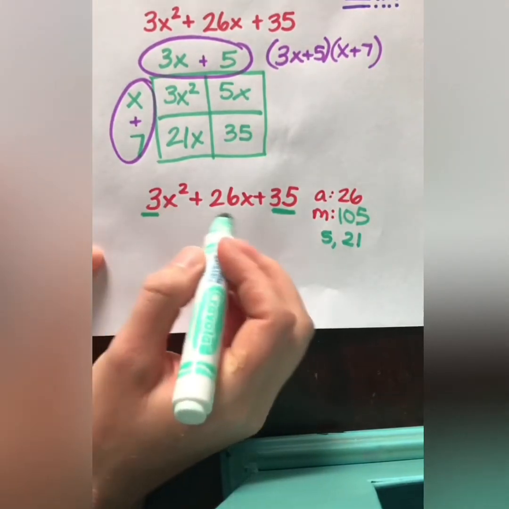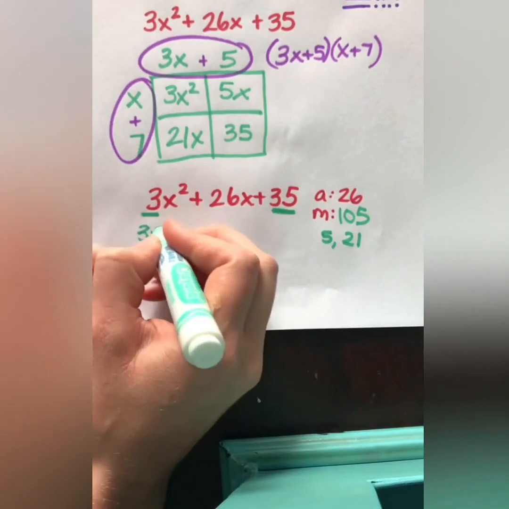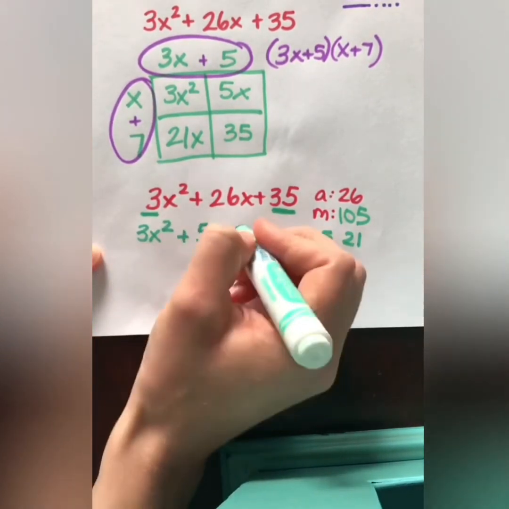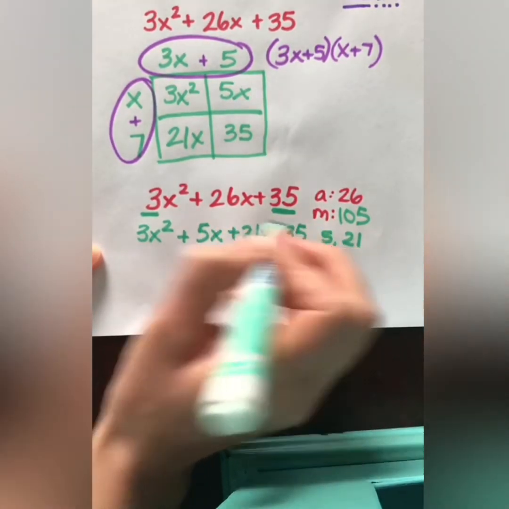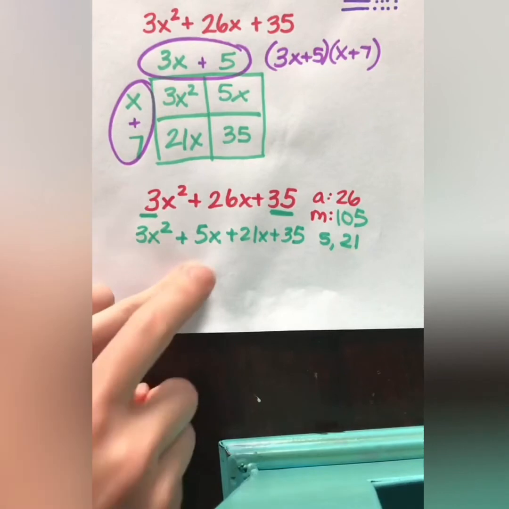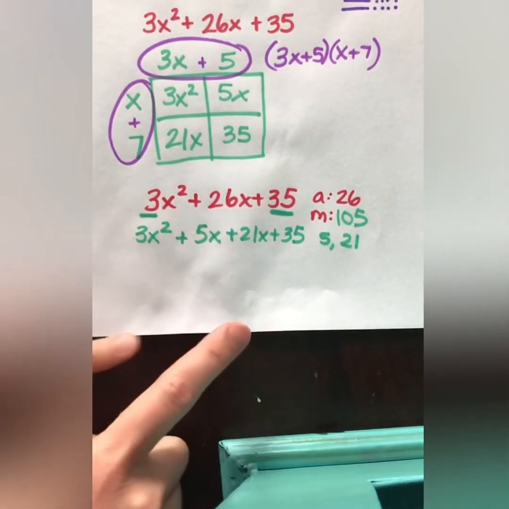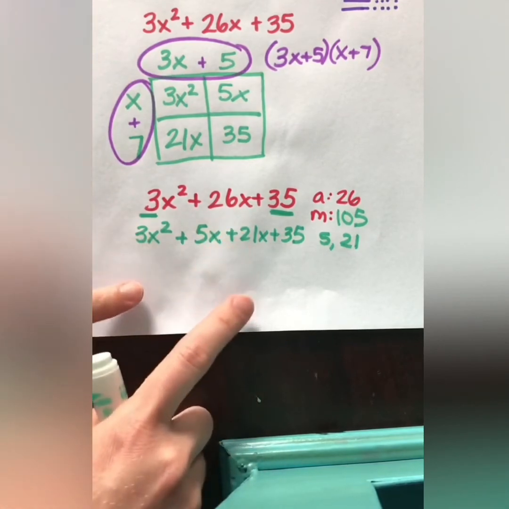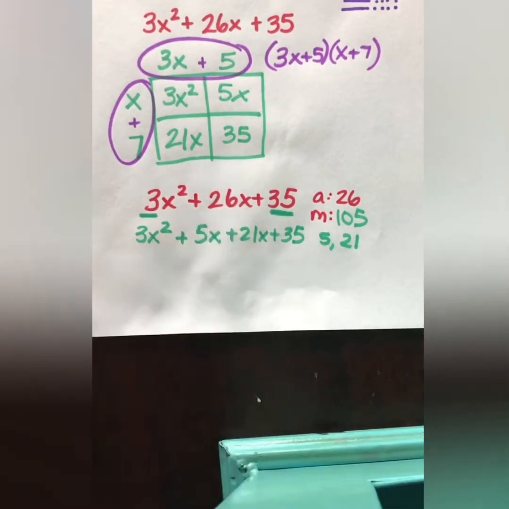So we're going to rewrite this polynomial, but in the middle here, we're going to split this middle term. 3x squared plus 5x plus 21x plus 35. It doesn't matter which order you do these, you'll still end up at the end with the same answer. Even though it might look a little different in the middle, you still get the same answer at the end, no matter which order you put those in.